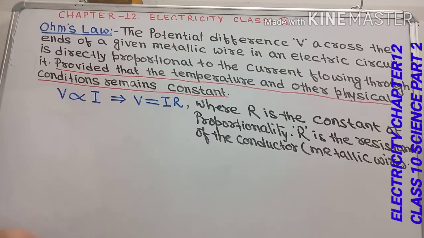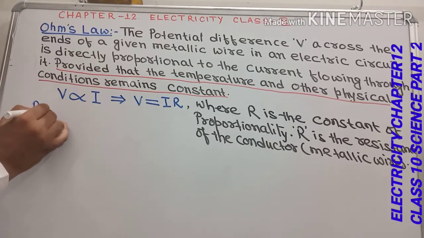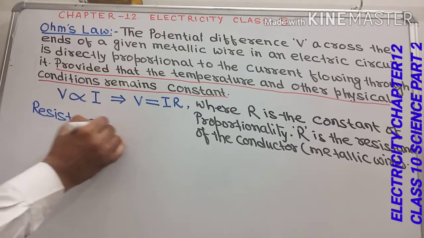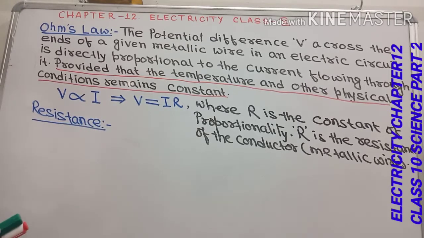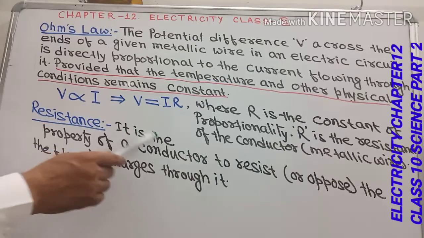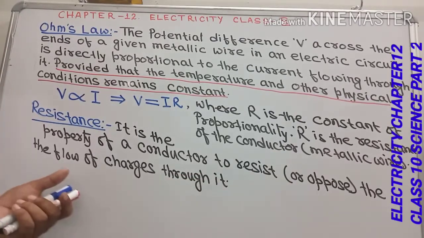Now we can also write it like this: the resistance. Now what is resistance? Resistance we can define like this: it is the property of a conductor to resist, that means to oppose, the flow of charges through it.